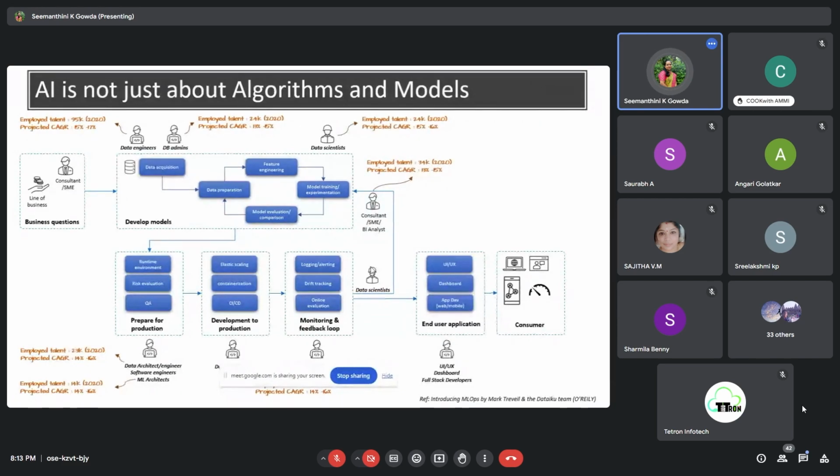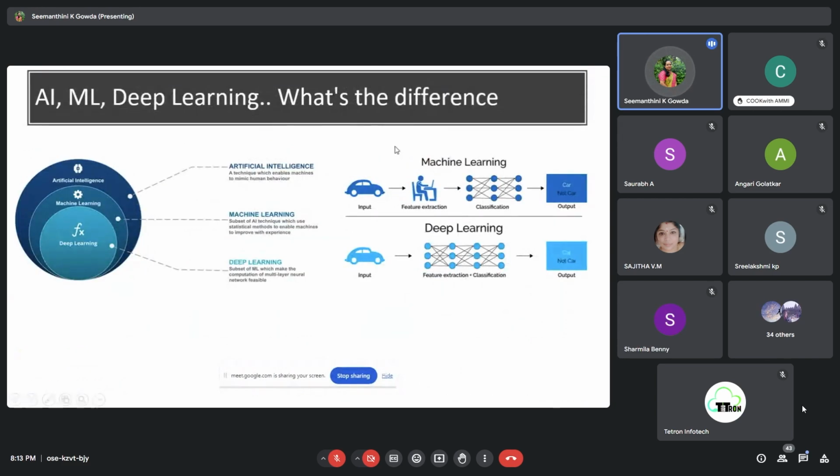Later on, we start talking about machine learning and deep learning, and what the major difference is between artificial intelligence, machine learning, and deep learning. Whenever we talk about artificial intelligence, we are mainly going to create intelligent machines by mimicking human behavior. That is what we do with AI.